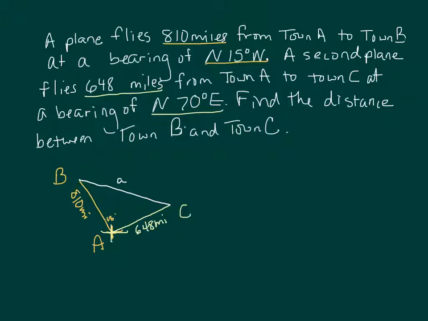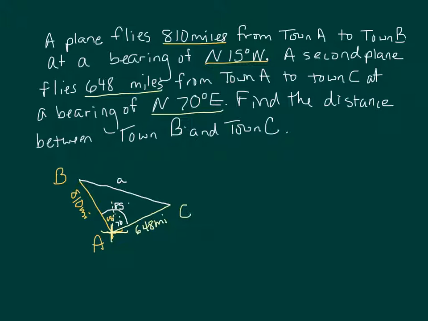Be careful. From my north line, 15 degrees is right here, and this side from the north is 70 degrees, so this whole angle is 70 plus 15, or 85 degrees.